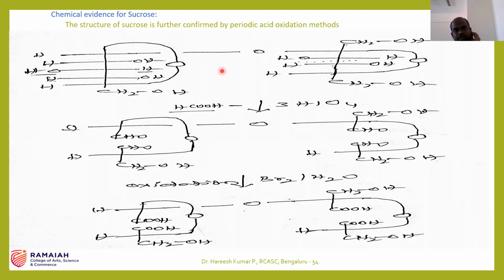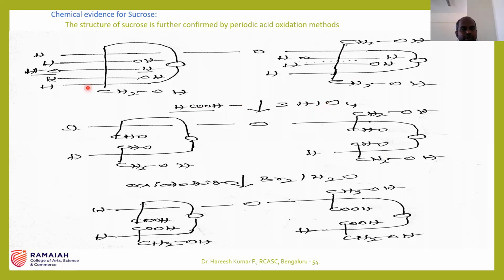Then the obtained alpha D glucopyranosyl, beta D fructofuranoside is subjected to periodic oxidation. Periodic acid is an oxidizing agent. So what will it do? It will cleave the glycosidic linkage.